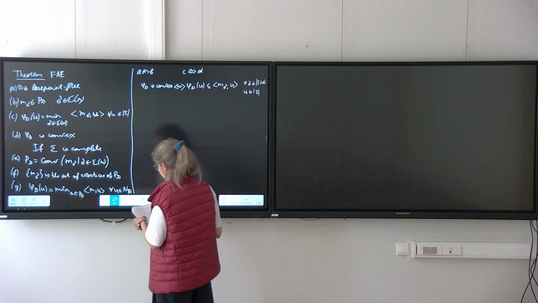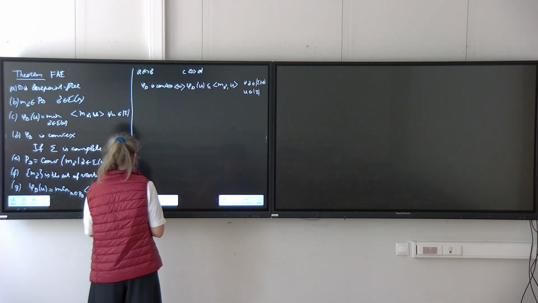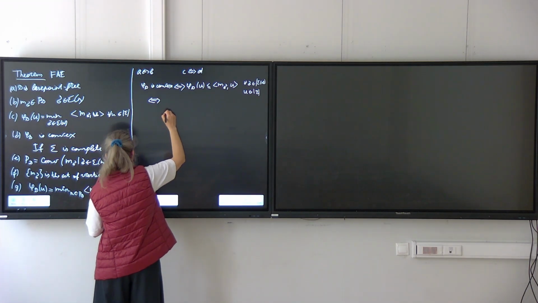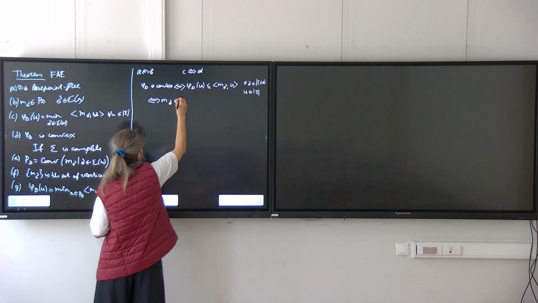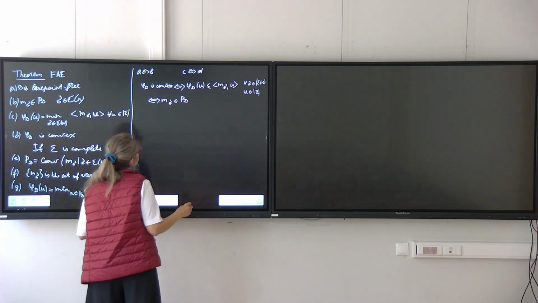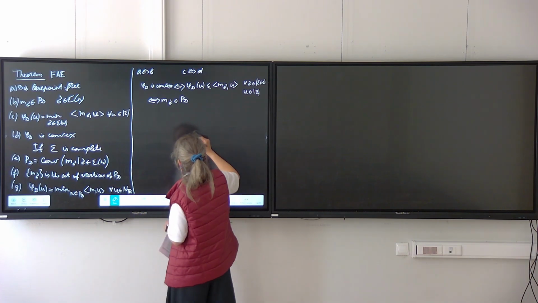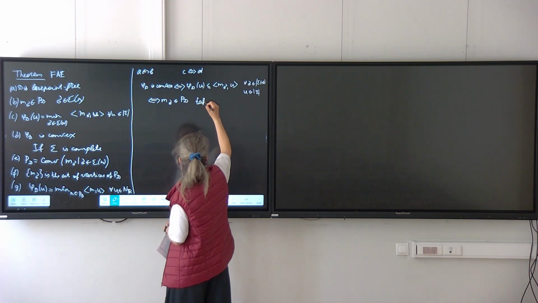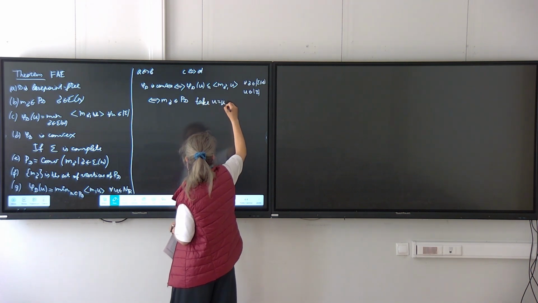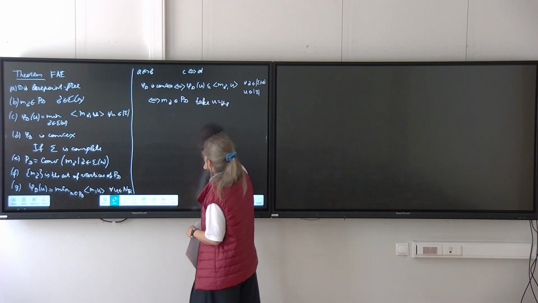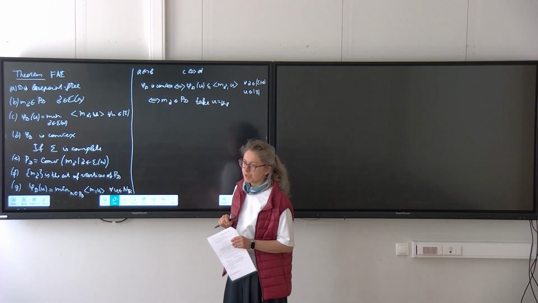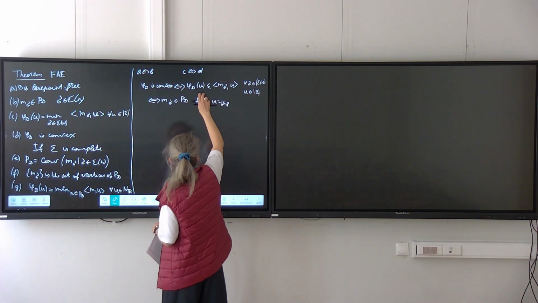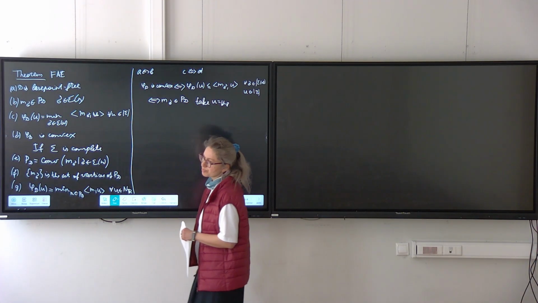Now, this is equivalent to m sigma belonging to PD, because if we take u equal to u rho, as we have done right now, if m sigma belongs to PD, then this is true, and if this is true, then m sigma belongs to PD.